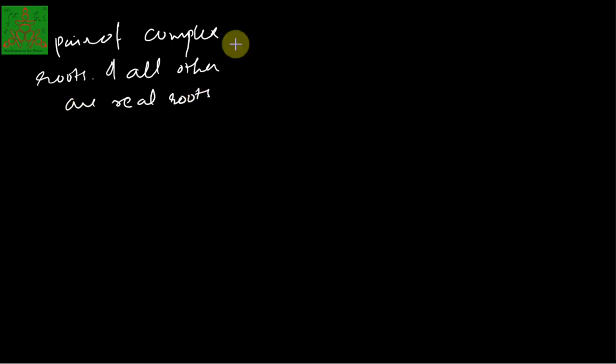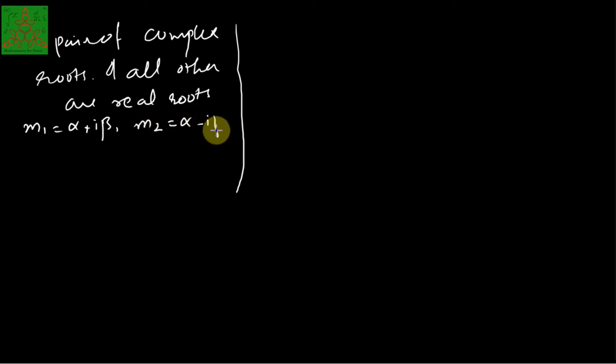Let's say m1 equals alpha plus i beta, and the rule for the polynomial is that if one complex root is there, then the other complex root will be its conjugate. So the other root will be m2, which is alpha minus i beta, and m3, m4 up to mn are the other roots as they are.